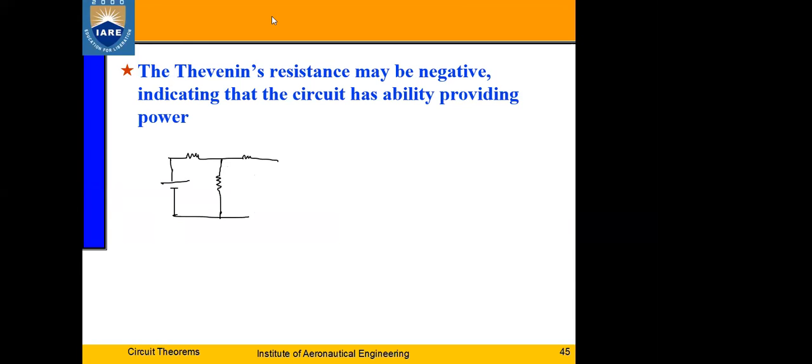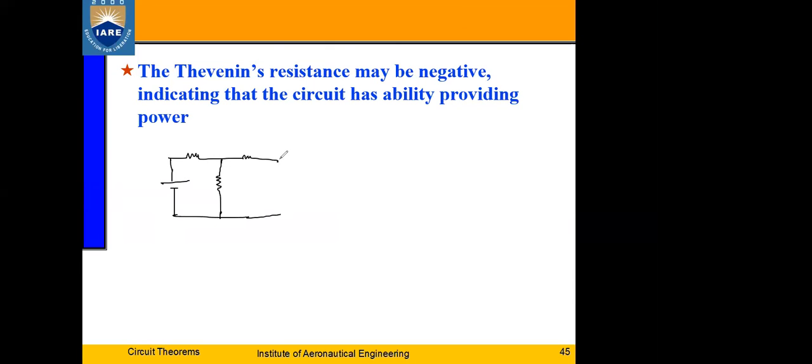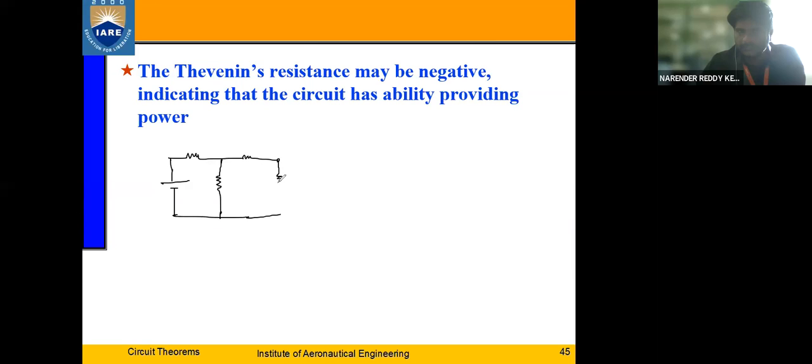Fine, thank you. Okay, let me consider this circuit for making you understand simply, right? So I said that I have two parts in the circuit. Let me divide this: this is a resistor in which I wish to find some value.